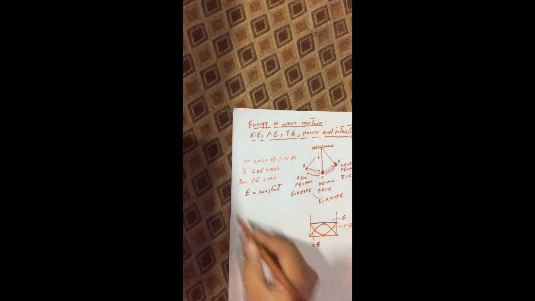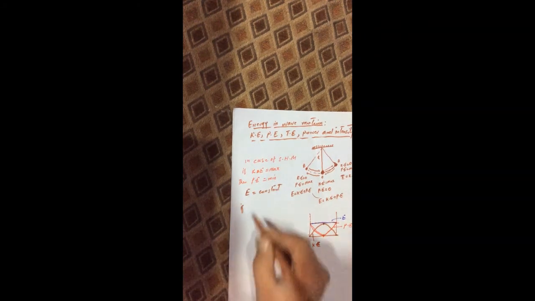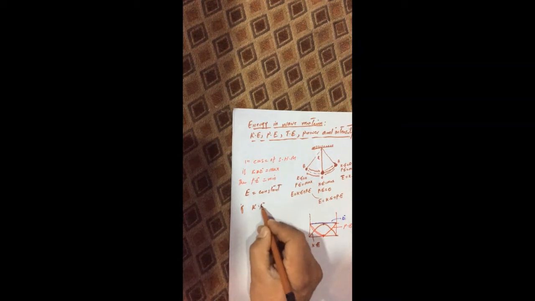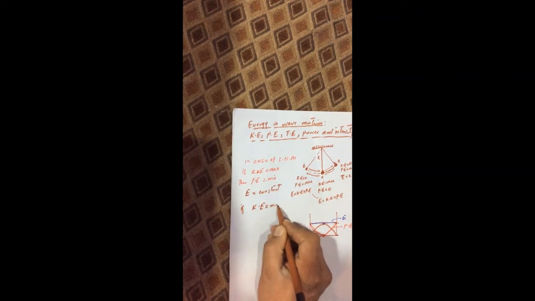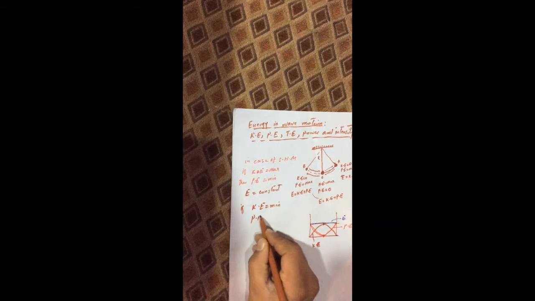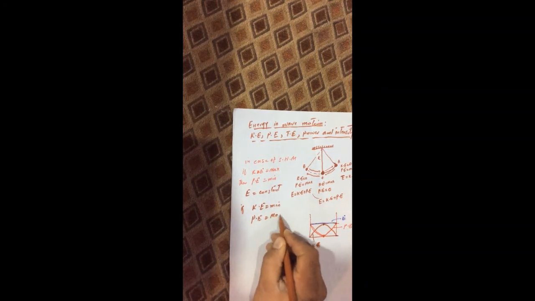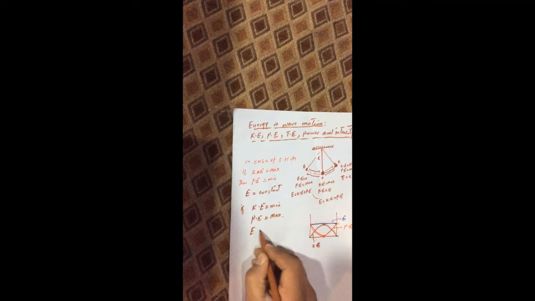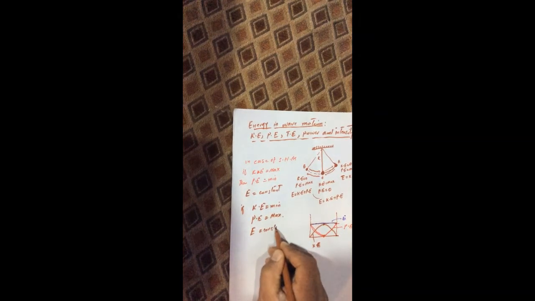If kinetic energy is minimum at a given point, then potential energy will be maximum at that point, while total energy will remain constant. This is for the simple harmonic motion.